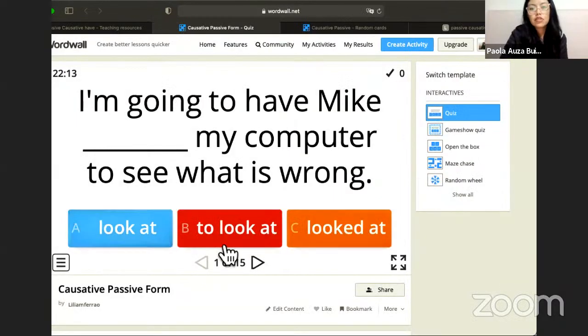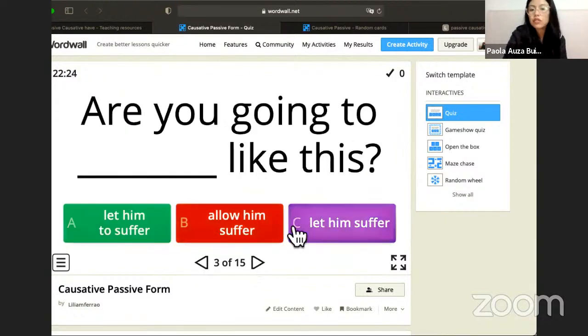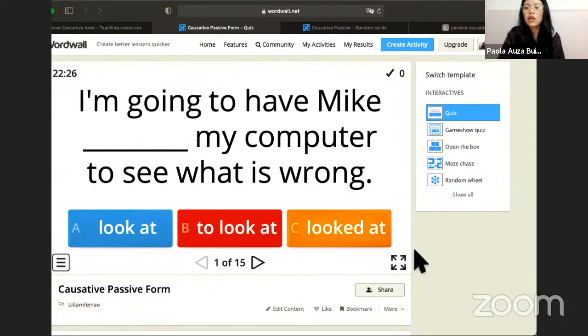Okay, awesome. So let's go to the exercise that I already shared. I'm going to run breakout rooms. You already have the link. So you just basically choose the best option, no? But pay attention to the tenses. You get many different ones. In this case, it's continuous, past, simple past, etc. Questions, no? You got many different.